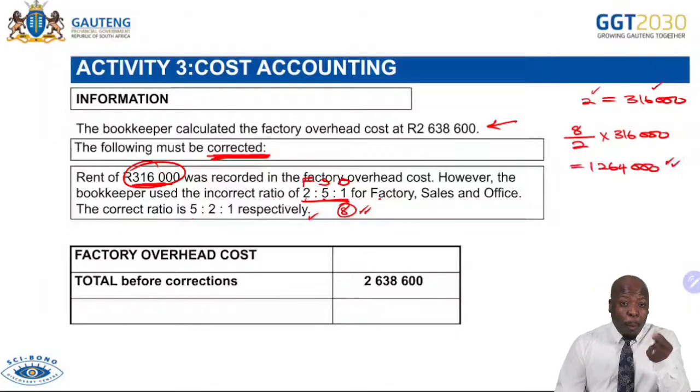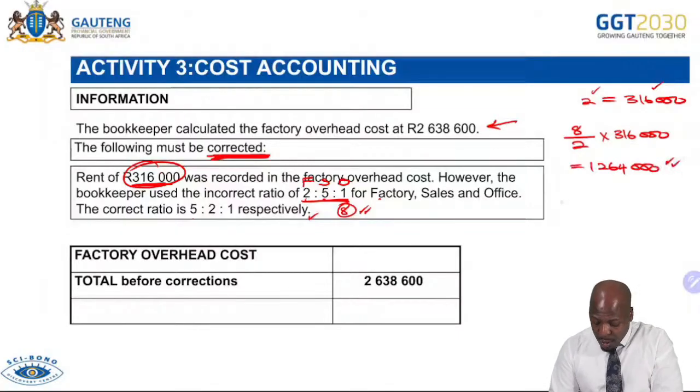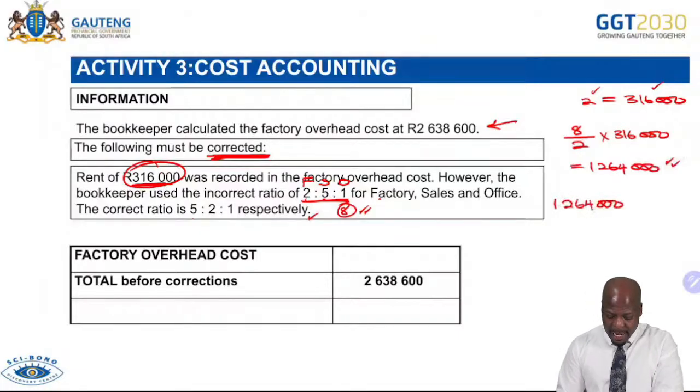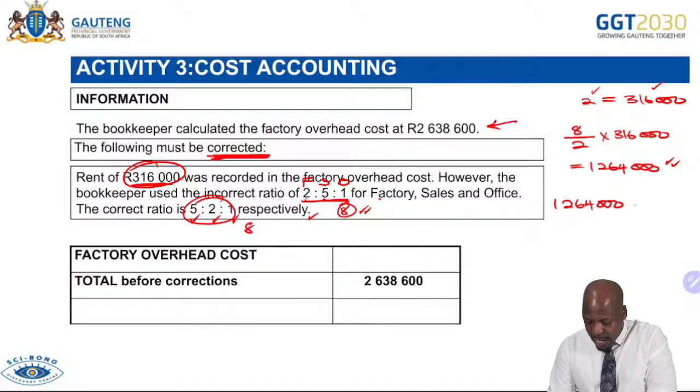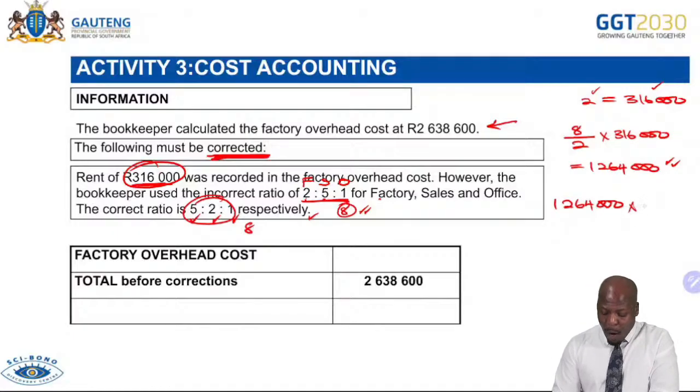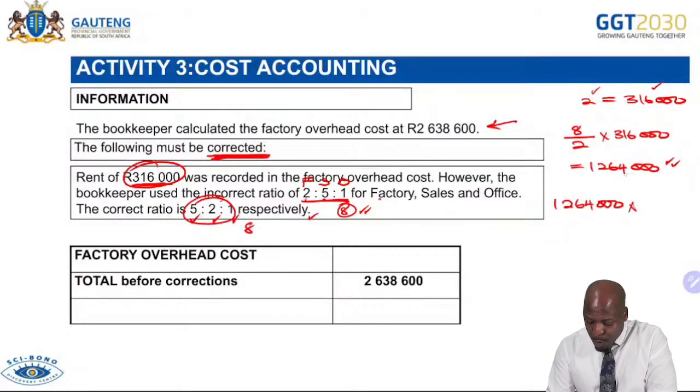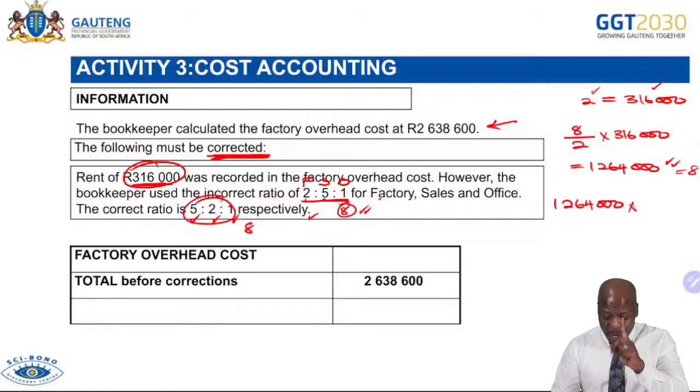Let's share it properly then. So we're going to share the 1,264,000. How do we allocate it? 3 is to 2 is to 1. If we add these ones again, they give us 6. So we understand this 1,264,000 is equal to the total.